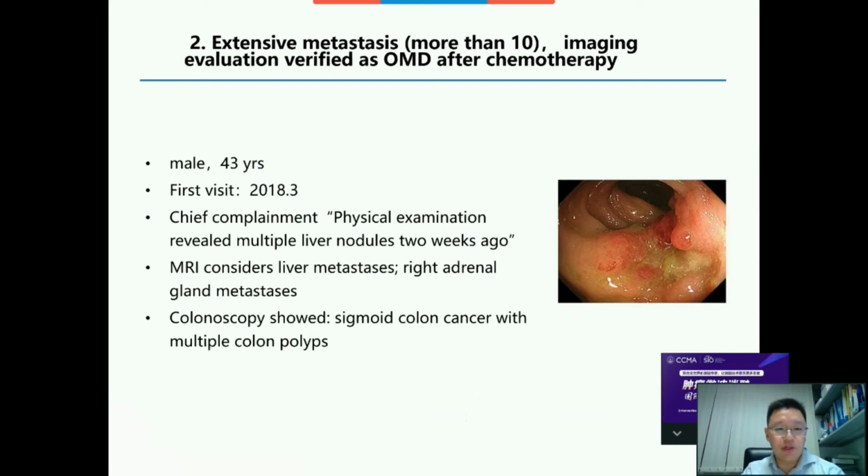43-year-old male patient, chief complaint is that a physical examination revealed multiple liver nodules 2 weeks ago. MRI considers liver metastasis and right adrenal gland metastasis. Colonoscopy showed sigmoid colon cancer with multiple colon polyps.